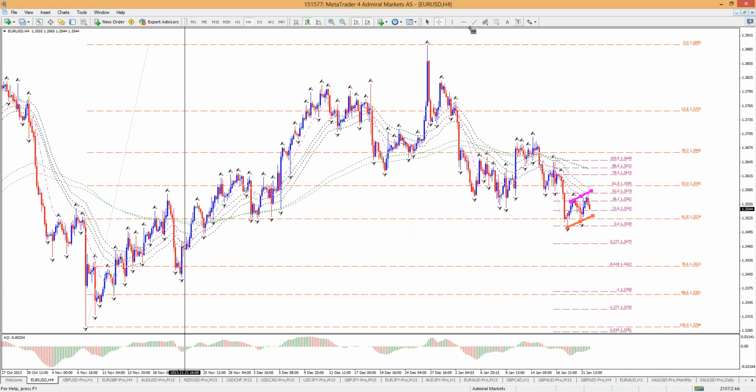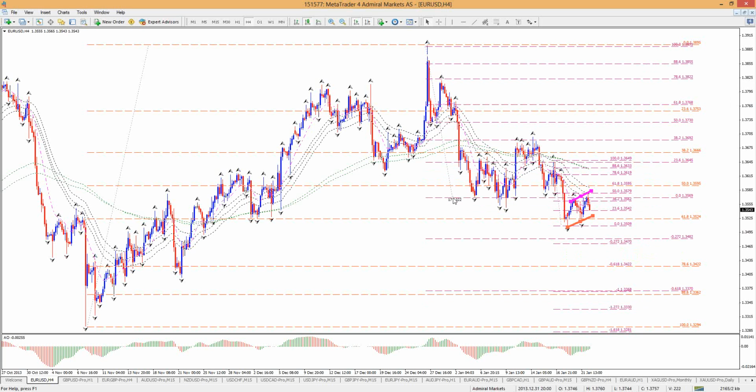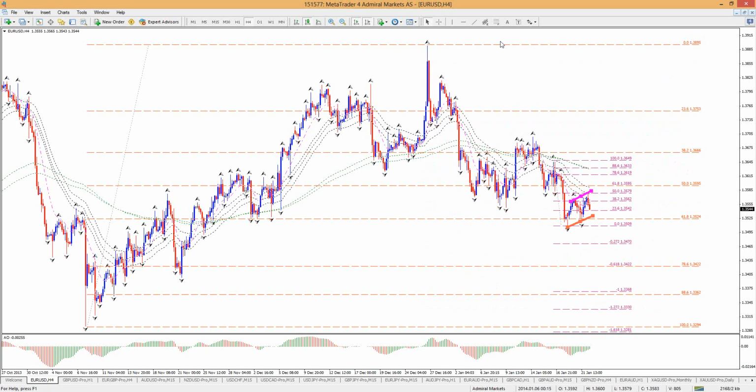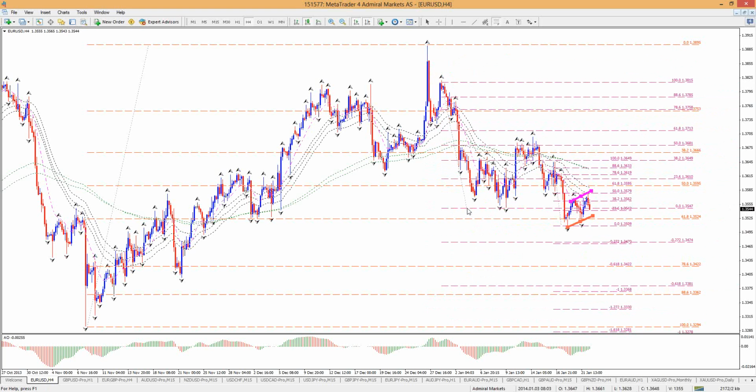We can also put a bigger fib on from here to here, and we see that we stopped at 38.2. That target is at 134.50. Well, it depends which fib we take.